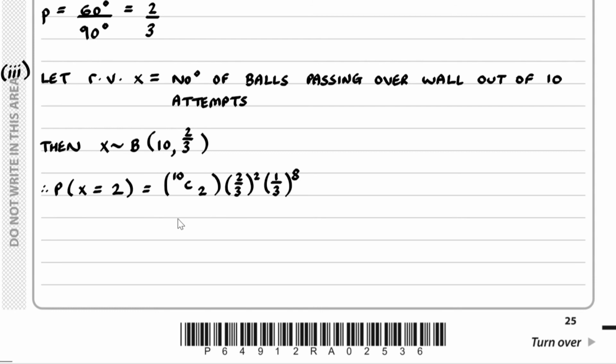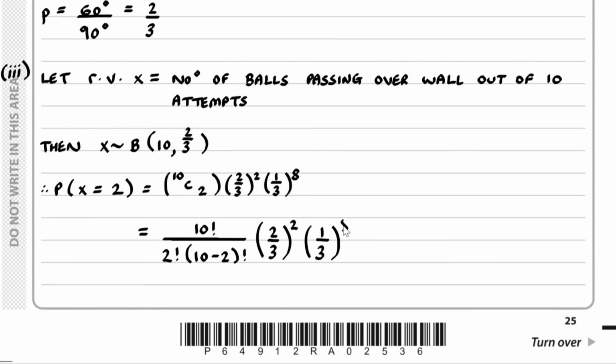So now we need to simplify all this. Now 10 choose 2, that will be given by 10 factorial divided by 2 factorial multiplied by 10 minus 2 factorial. And I'm going to multiply this by 2/3 squared multiplied by 1/3 to the 8.